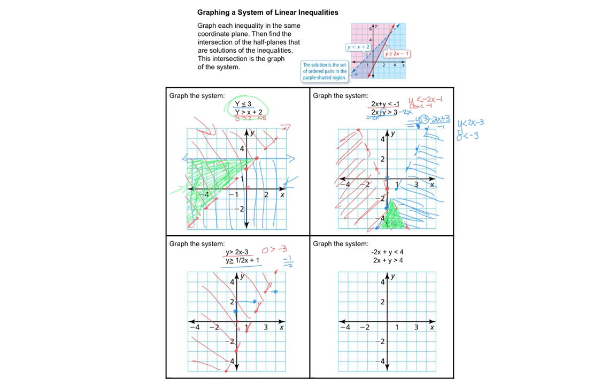And it's going to be a solid line. It says everything's greater than, so that's going to be up here. Again, if I use the test point, 0 is greater than 1, that would be false, so I shade the other side.